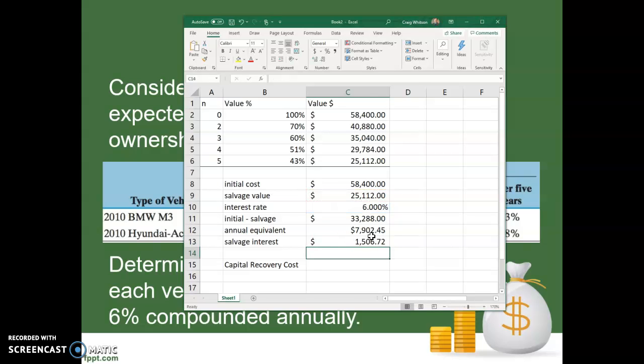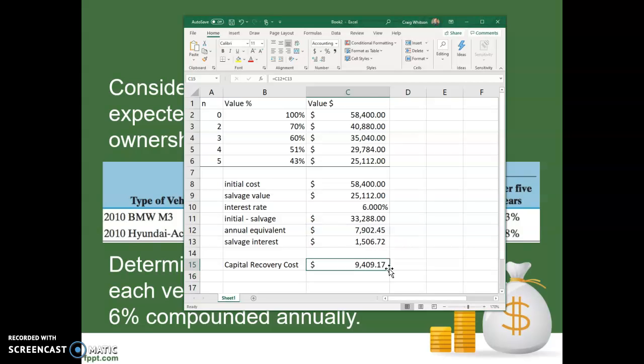So what we are saying here is that the total capital recovery cost of owning this vehicle on an annual basis is equal to its net value spread out over 5 years using a payment function, plus the opportunity cost that we deferred, that we did not take advantage of by virtue of the fact that we own the vehicle instead of selling it and investing that money.